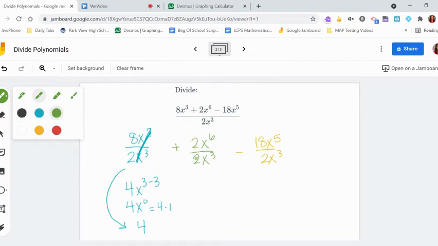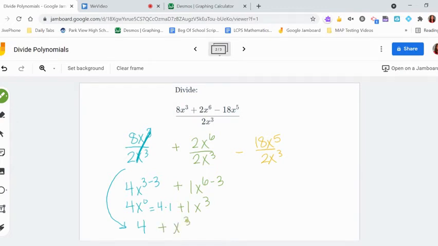All right, here I have 2 divided by 2. I have a positive here, so plus 1x, I'm going to subtract 6 minus 3. So I'm going to have plus 1x to the 3rd. And when I write it with my answer, I'm just going to put plus x to the 3rd power. And then my last one here, negative 18 divided by 2 is negative 9x to the 5 minus 3.